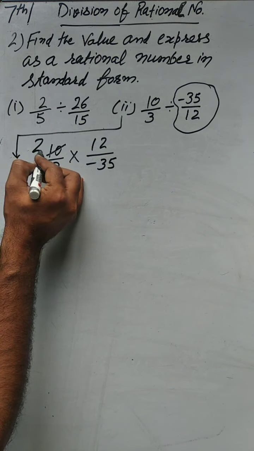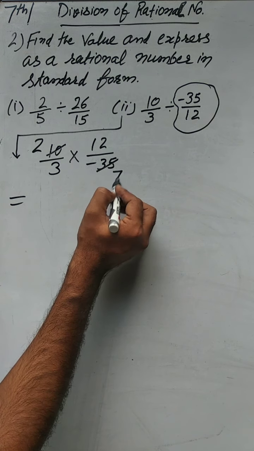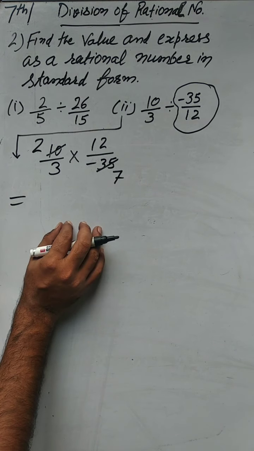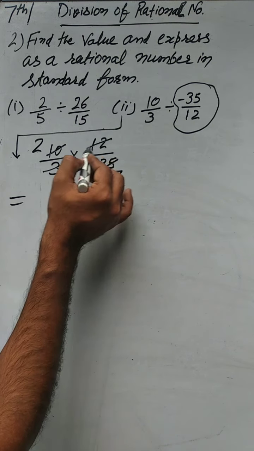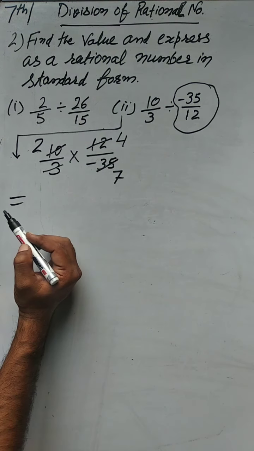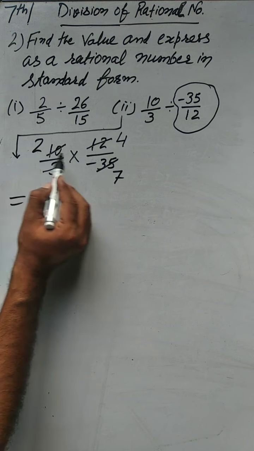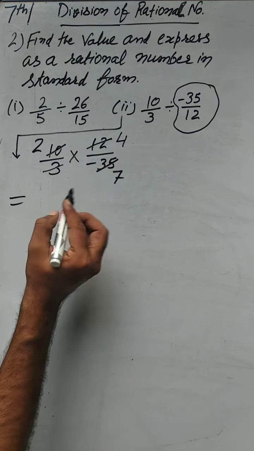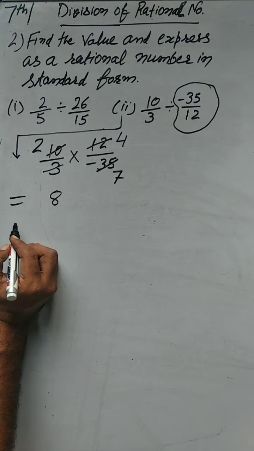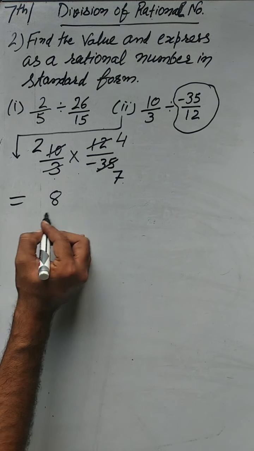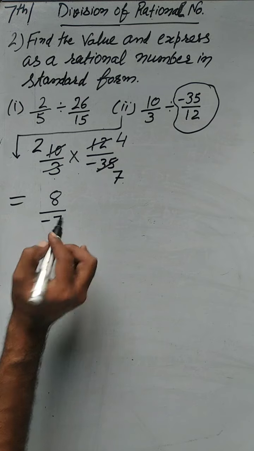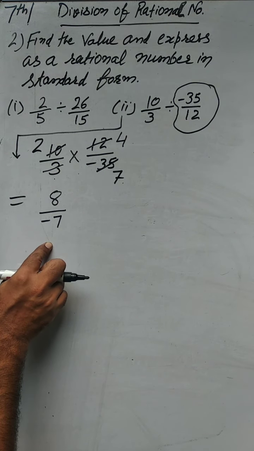So 5 2s are 10, 5 7s are 35. And 12 we can cancel on the table of 3, 3 4s are 12. Okay beta, now we have 2 multiply 4, 8. And here is 1 multiply minus 7, minus 7.